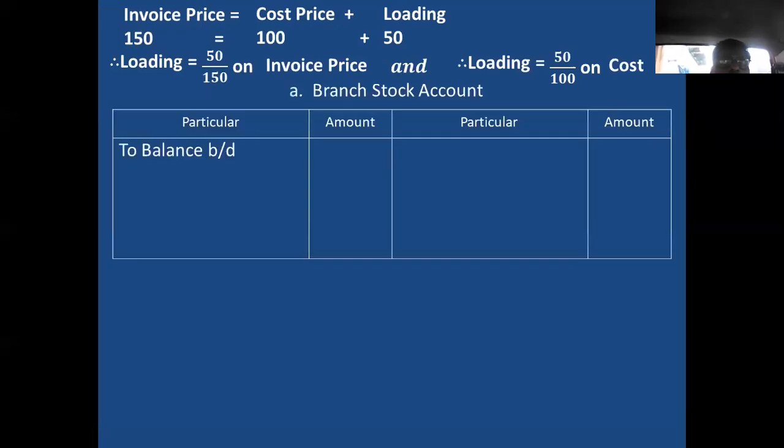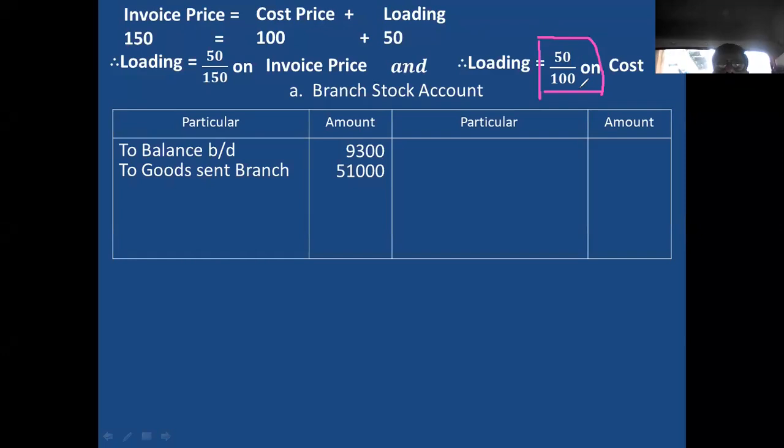Branch stock account. To balance brought down 9,300 opening stock. To goods sent to branch 51,000. I have taken 51,000. How did I take 51,000? 34,000 into 50 by 100. I applied this equation. 17,000 is the loading.